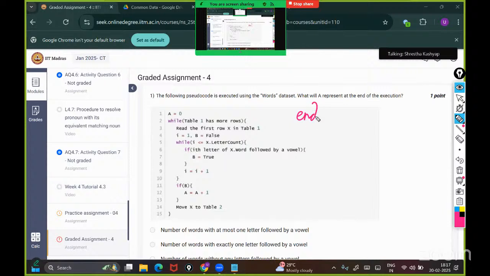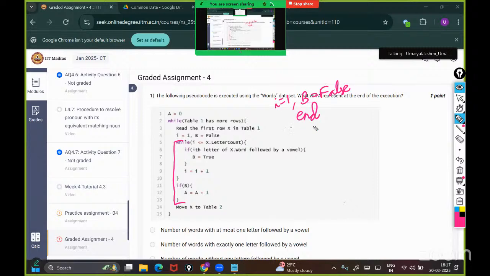The code says while table 1 has more rows, read the first row X in table 1. I is equals to 1, B is equals to false. They're just initializing those values, dear.